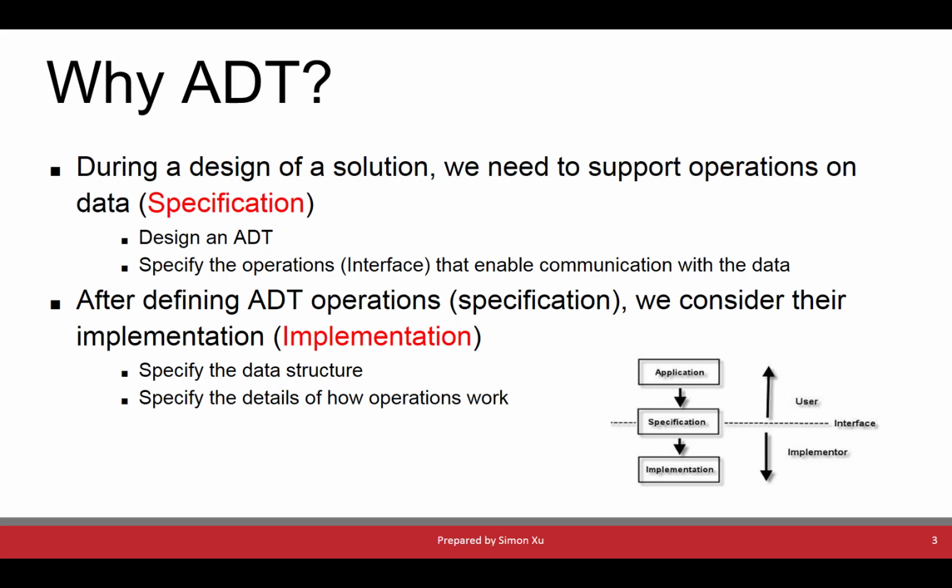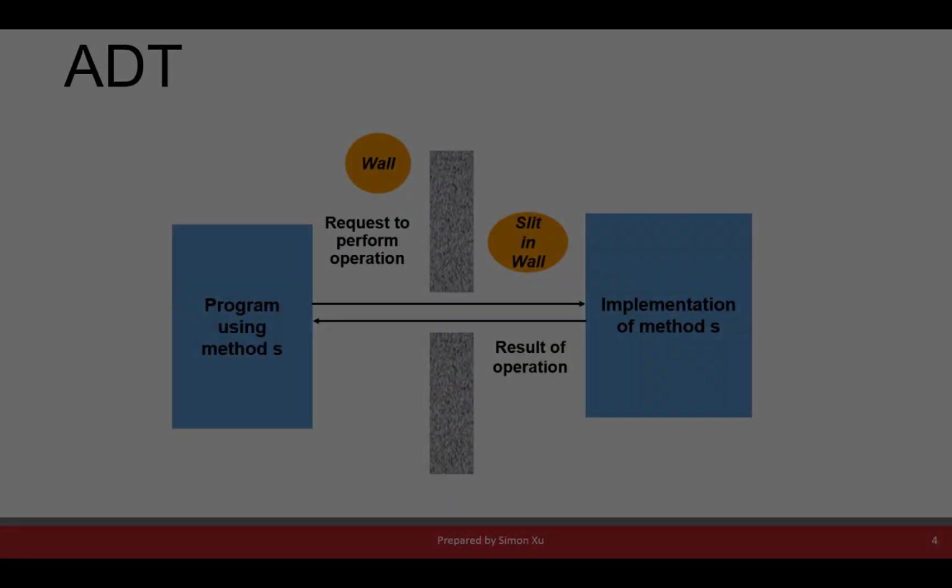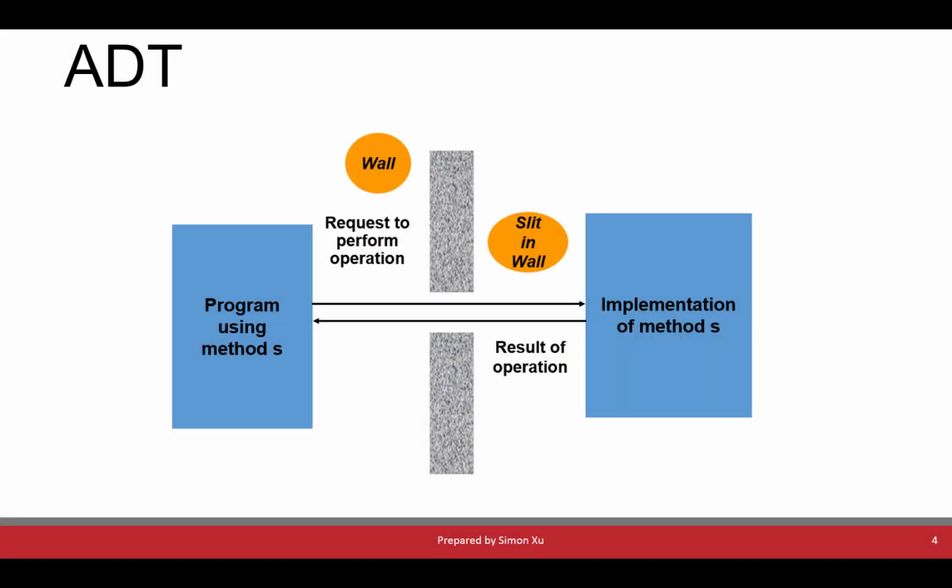Once we build the abstract data type, other users can use it like we are using the string class or date class, without knowing the internal data structure and how operations are implemented. Information hiding is similar to the walls around the task. The abstract data type sits behind the wall.